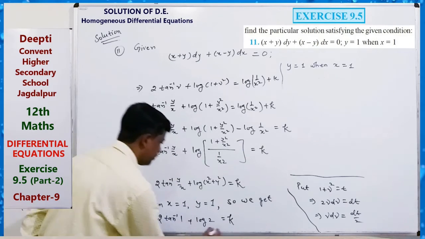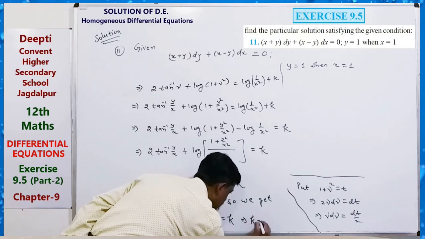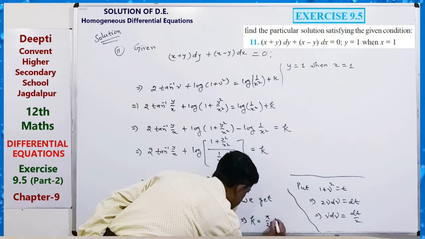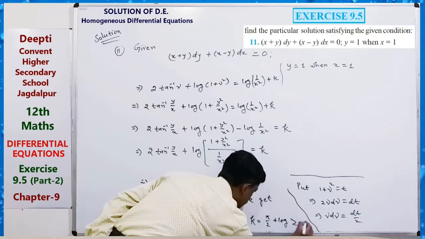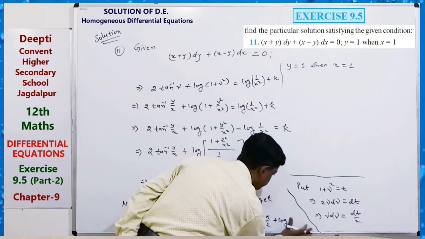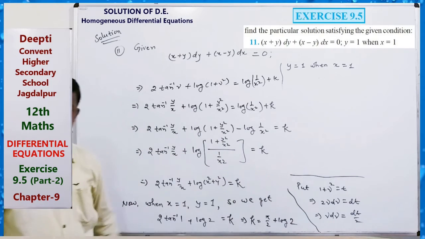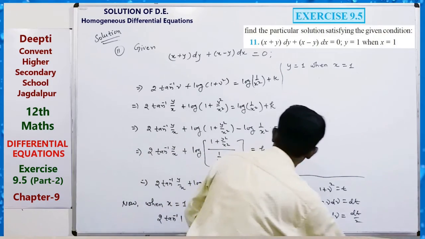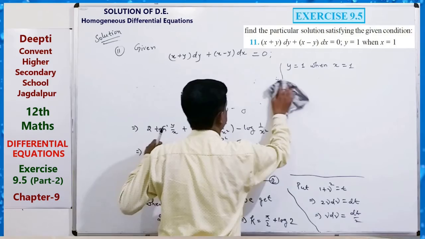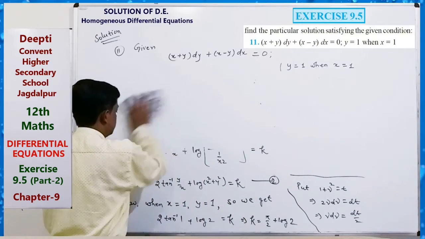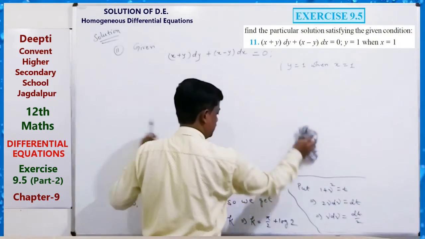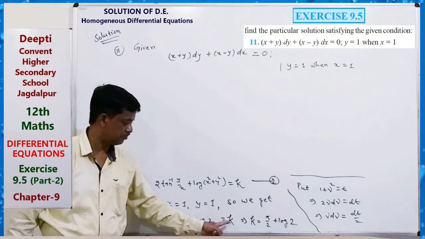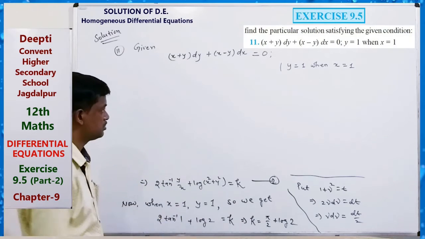So from here we see that k equals to pi by 4, pi by 2 plus log of 2. This is the value of constant. Now put the value of constant in 2. Finally, our particular solution will be, this is the general solution too. Particular solution, by using this condition, we get value of constant and put the constant in general solution.